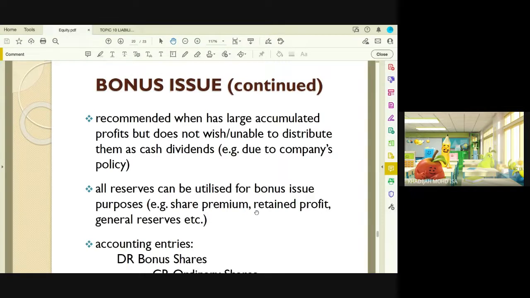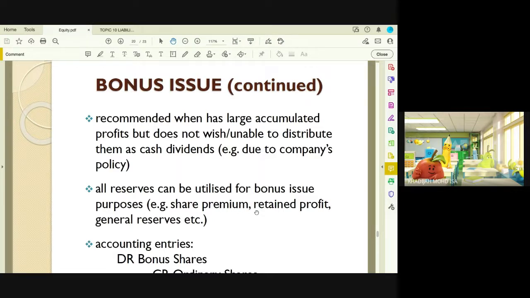It is recommended when the company has large accumulated profit but does not wish or is unable to distribute it as cash dividends. Normally companies give shareholders dividends in cash, but because the company may not be able to distribute cash dividends, they give shareholders shares instead.